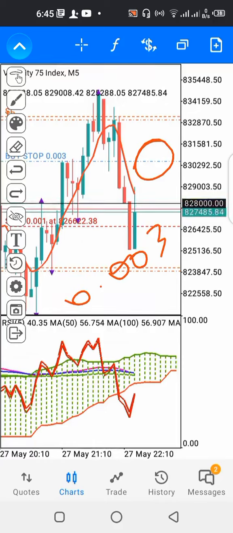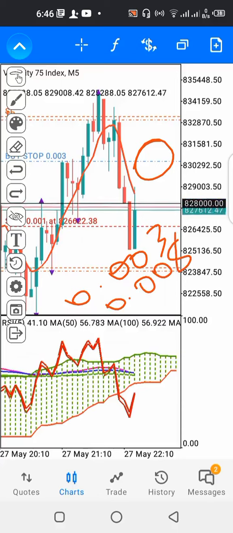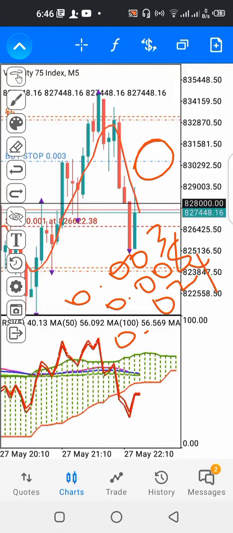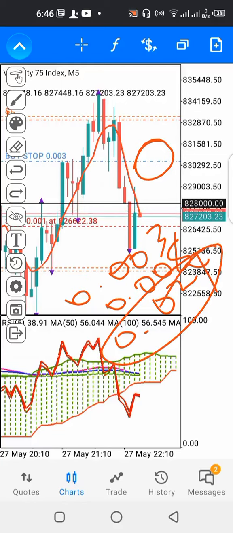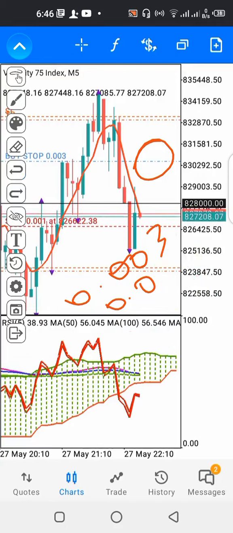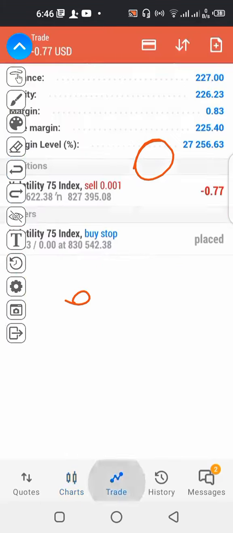So the next will be 0.008, and the last will be 0.024. So I'm going to stop here if the range continues, and then start to look for a possible way out to close all trades at break even or with some little profit.